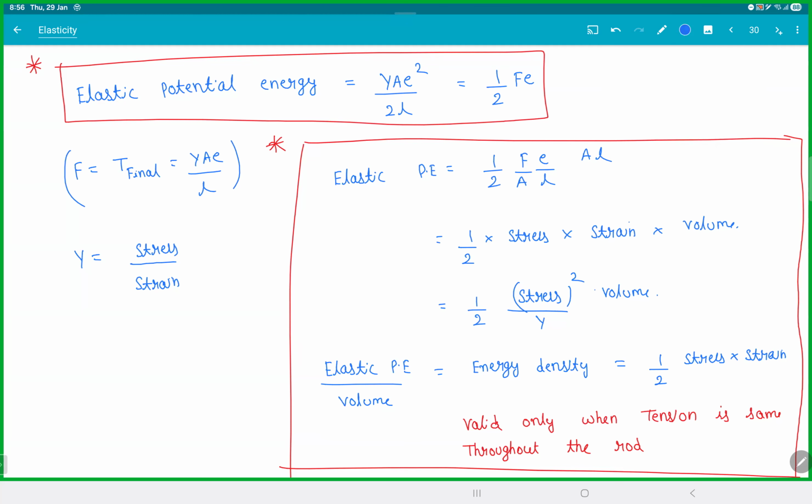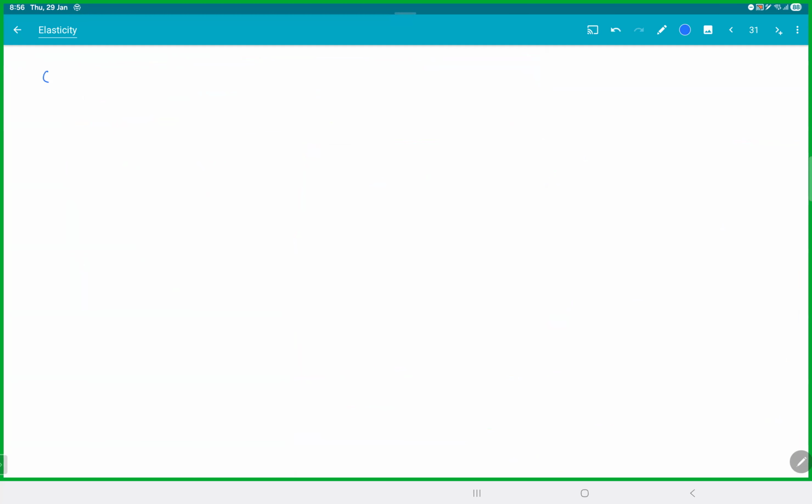All clear with this? Now, if you look at this, I'm sure you must have got a feeling that it is kind of looking like a spring. Actually, we get the spring formula from here only. If you compare this with a spring, look at this thing. Tension is equal to Y A by L into e.